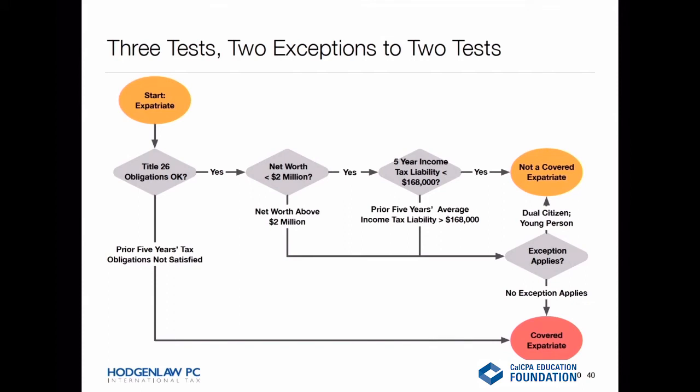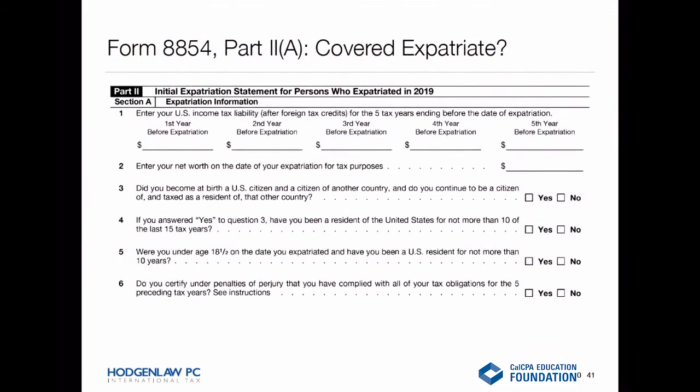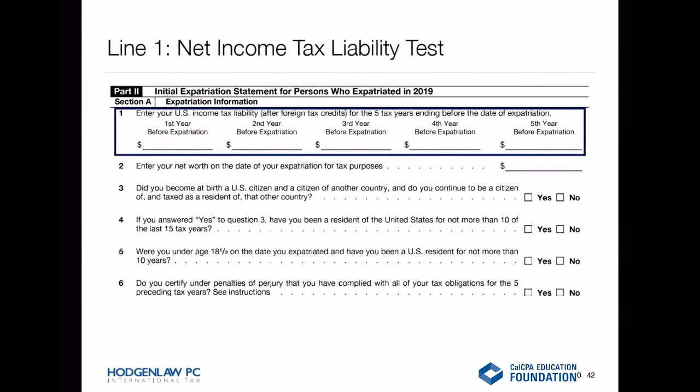This map is really helpful, but let's look at what's on the actual Form 8854. So in Part 2, we're looking at 6 questions here, and these 6 questions basically tell the IRS everything they need to know about whether you're a covered expatriate. The first one looks at the net income tax liability test, and you have to put on the form your U.S. income tax liability after tax credits for the 5 tax years ending before the date of expatriation.